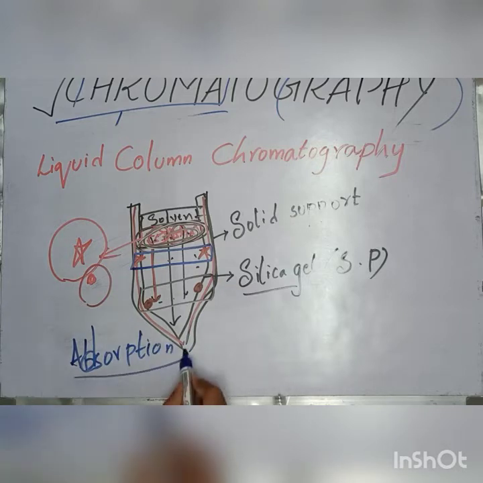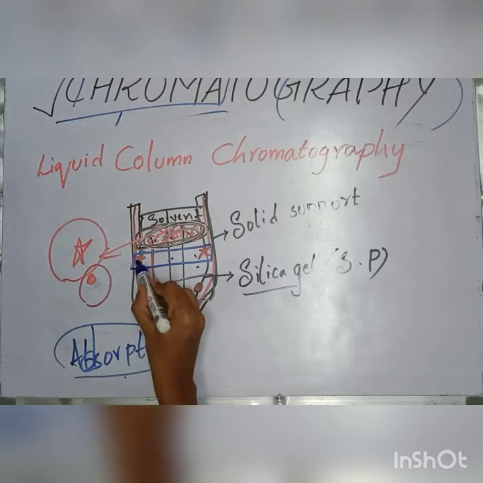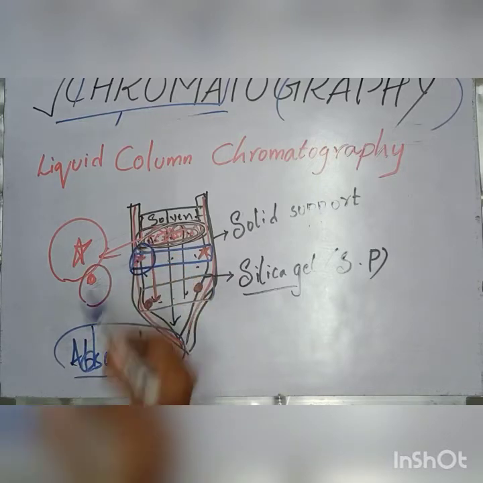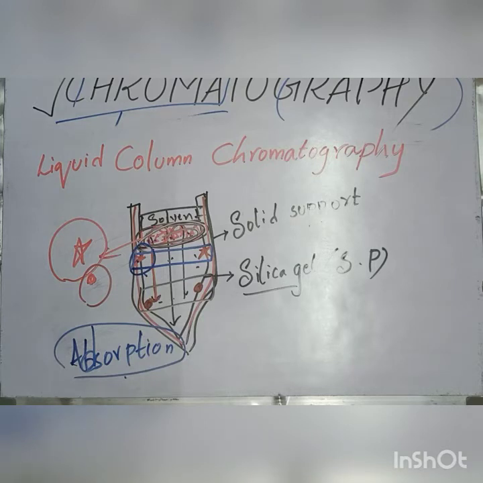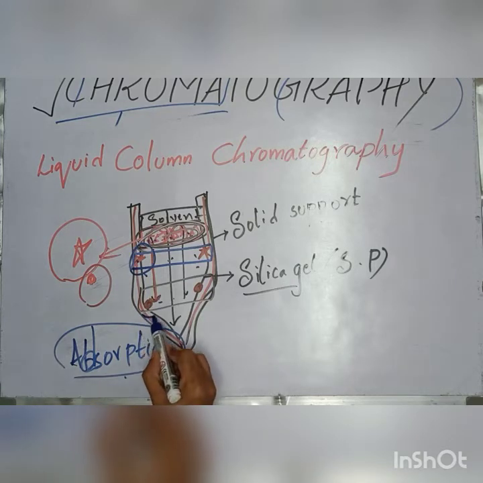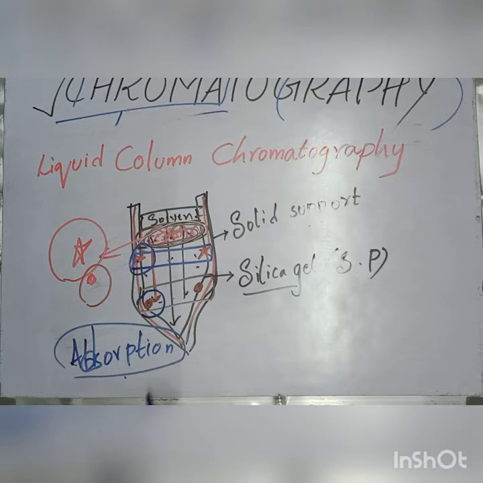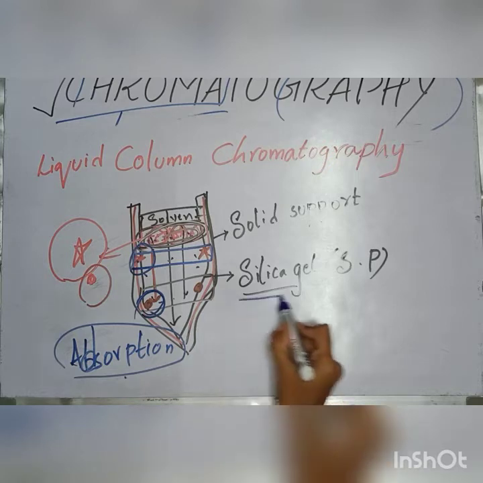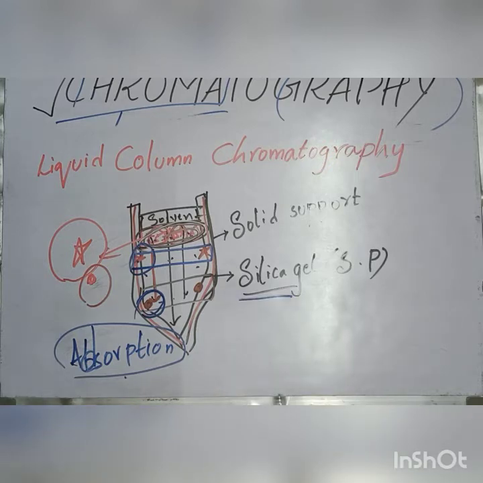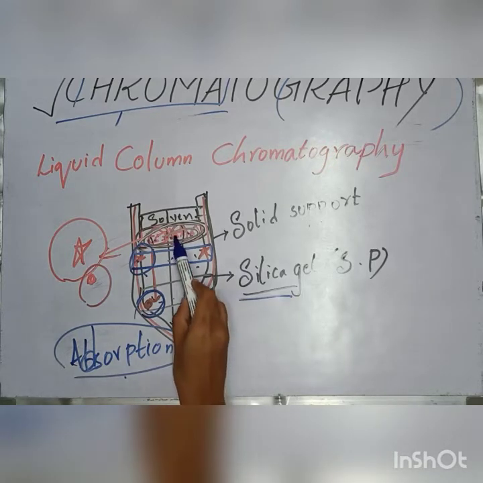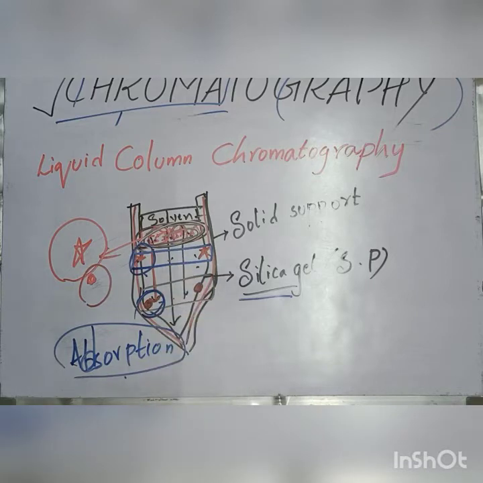Those samples which have more adsorption power will travel less and be adsorbed easily on the stationary phase. Those compounds which have less adsorption travel more distance. Based on this principle, the components in the mixture are separated.